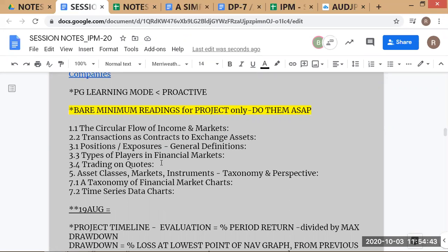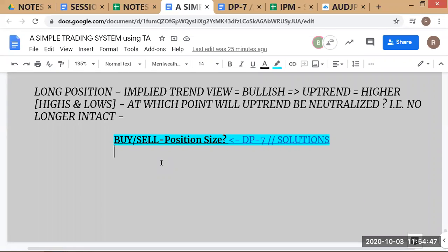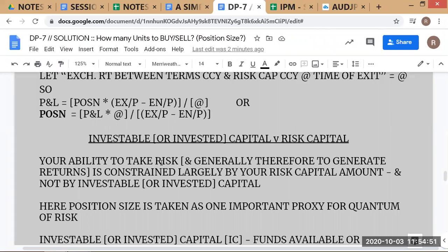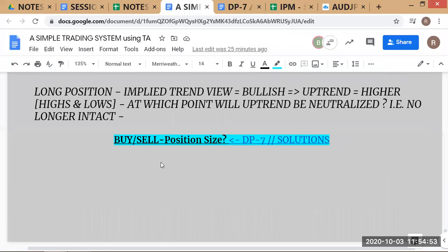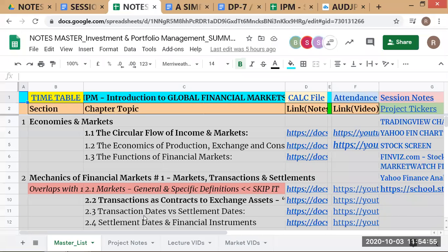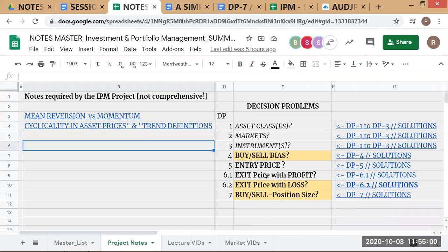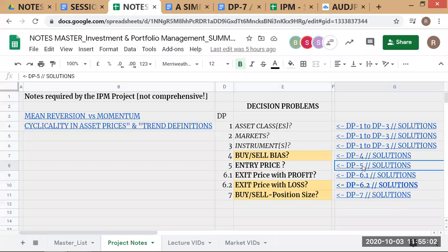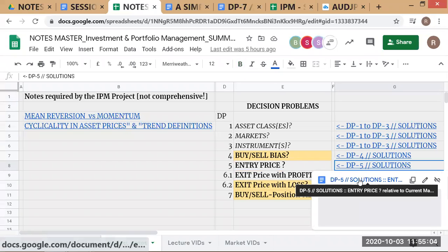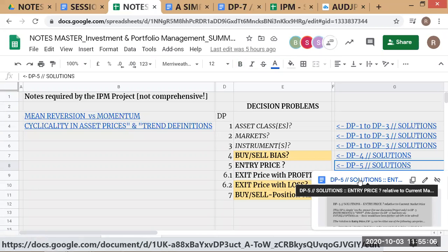All right. So we finished the position size. Now we'll go on to a detailed discussion of DP5. Earlier we had made a discussion, and we'll try to understand this important aspect of it, which will also help you with your order placement.